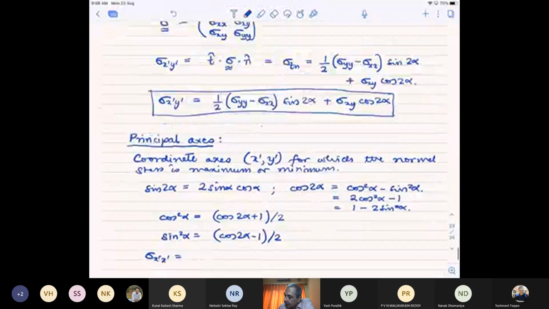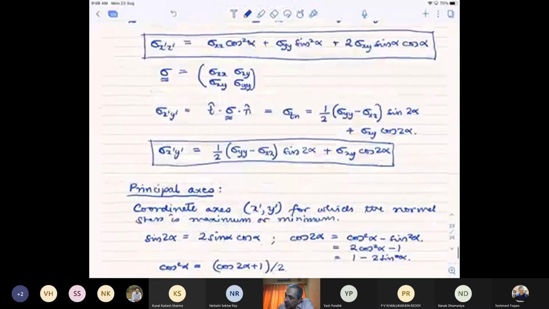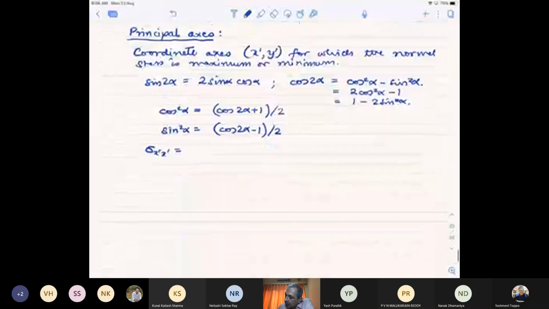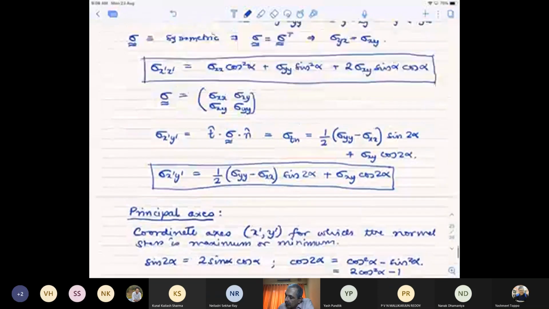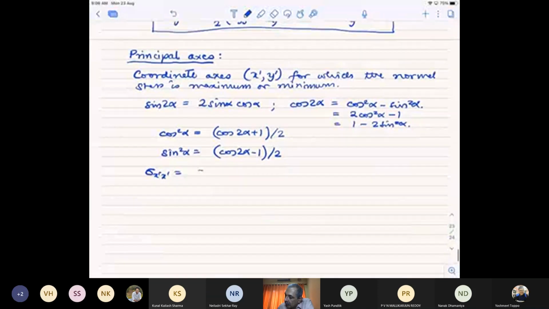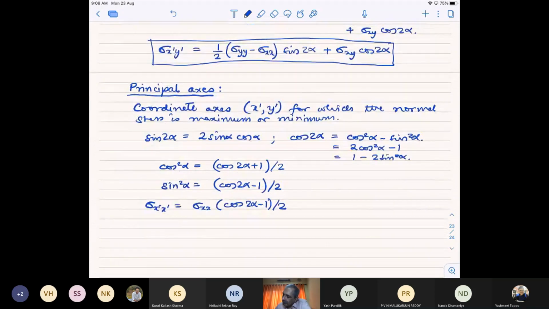will just become equal to sigma xx into cos of 2 alpha minus... Sir, 1 minus cos 2 alpha upon 2. It is 1 minus cos. Correct. Perfect.